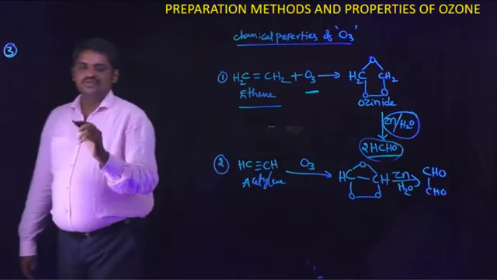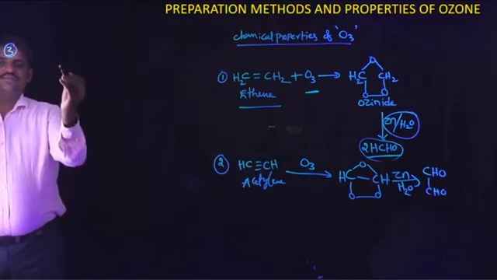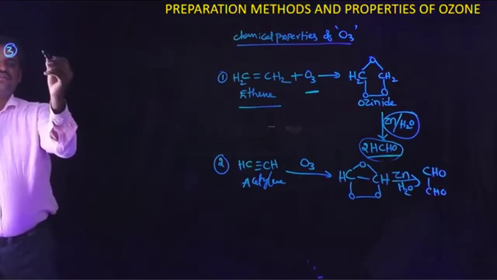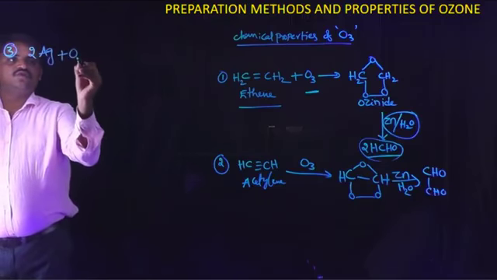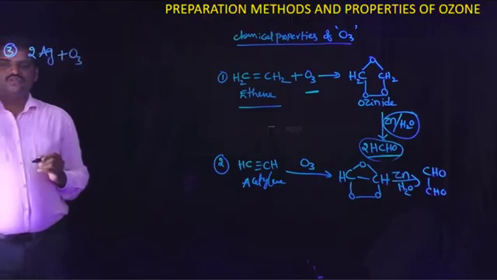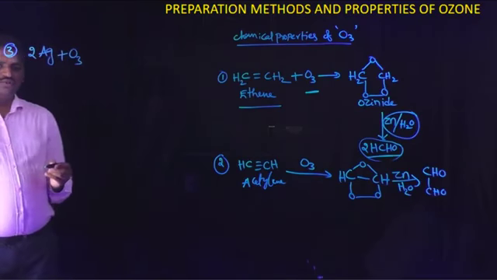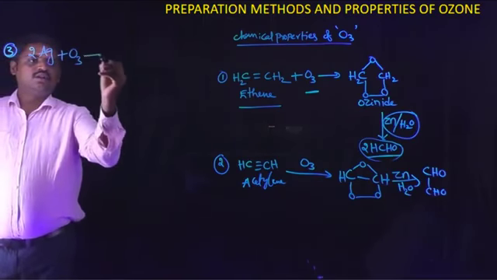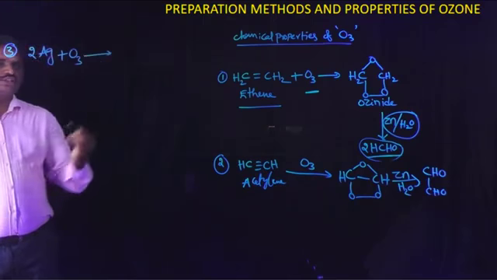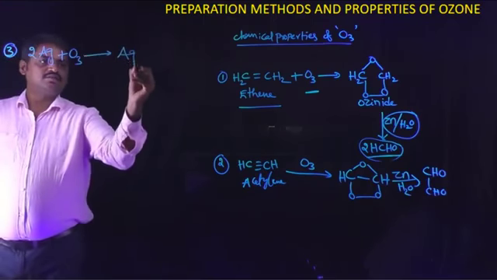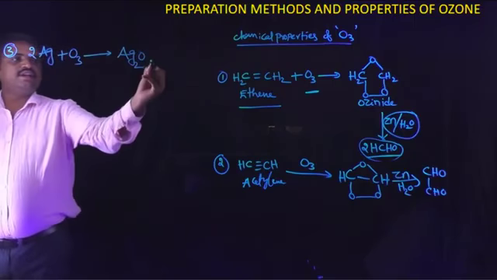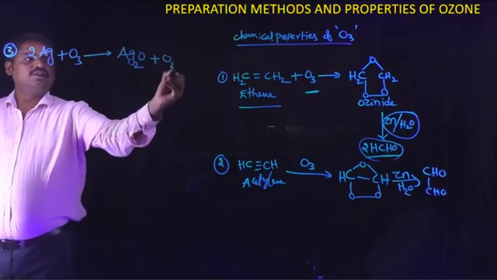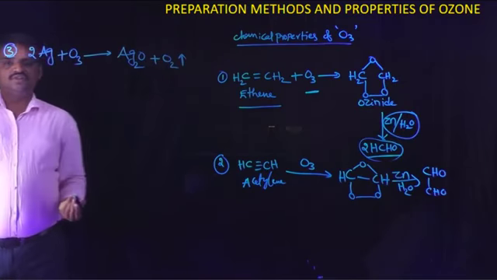Pure silver reacts with ozone and is converted to silver oxide, and a small amount of dioxygen gas is eliminated.